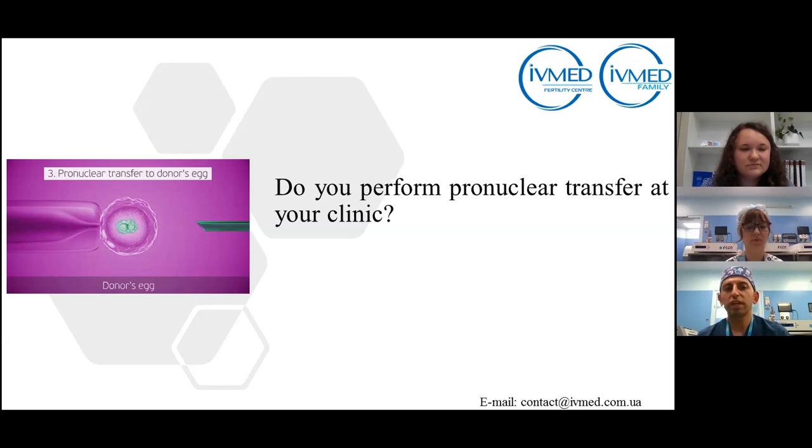For such cases there is an option to use their own genetic material to carry the pregnancy. Basically, we have the patient's oocyte, her husband's sperm, their own material, and from another side, a donor oocyte. We fertilize both with the husband's sperm, so both are fertilized with the same genetic material.